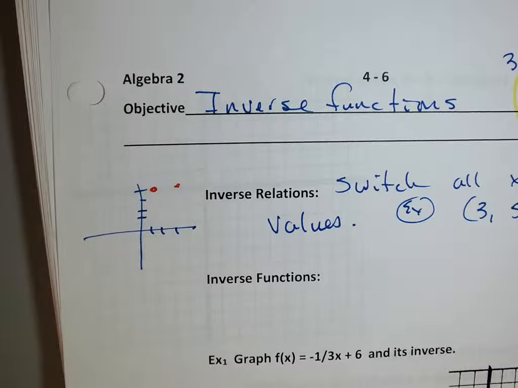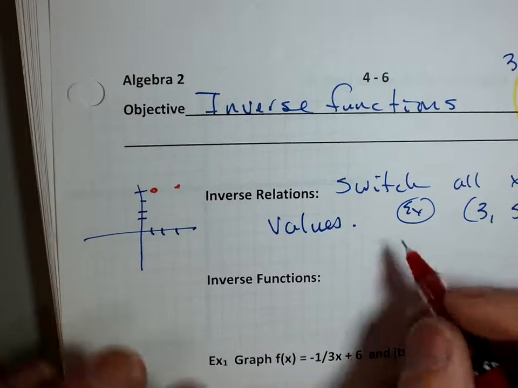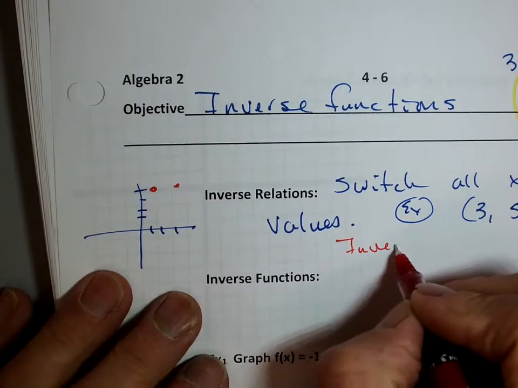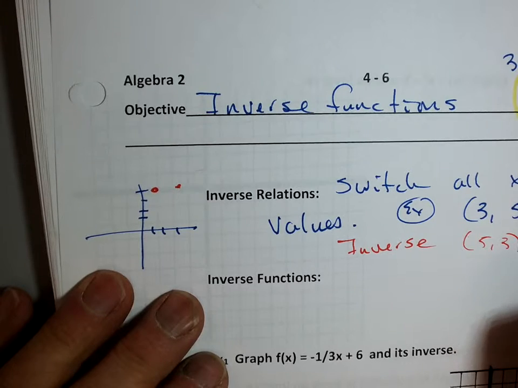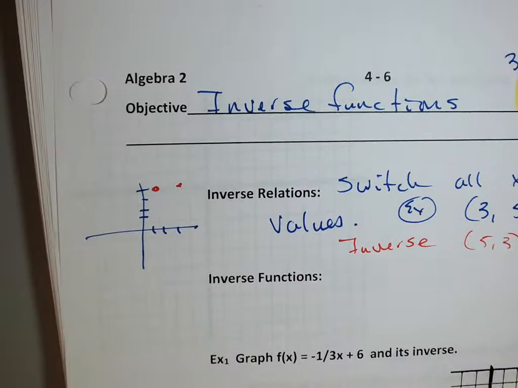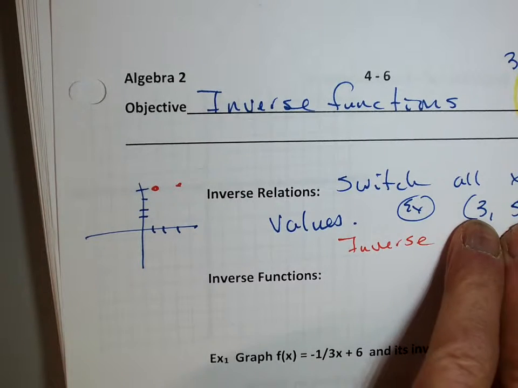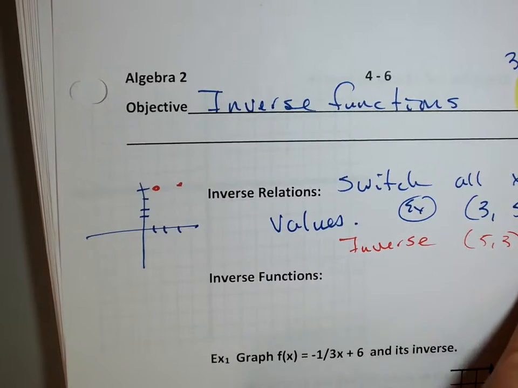But if we did its inverse, you'd have (5, 3) and (5, 1), because I'm switching x's and y's. You with me? So all I did is I switched, instead of (3, 5), I made it (5, 3). Instead of (1, 5), I made it (5, 1).